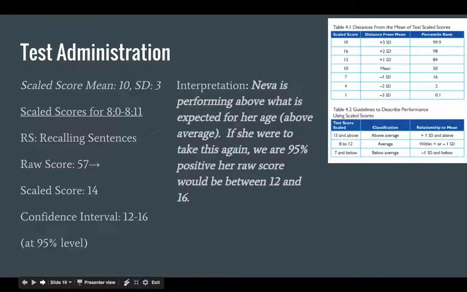So, an interpretation of the client's score is that she's performing far above what is expected for her age. And if she were to take this test again, we are 95% positive that her scaled score would be between 12 and 16 again.